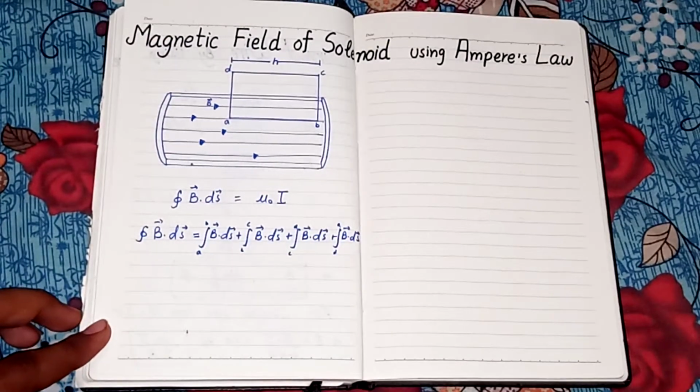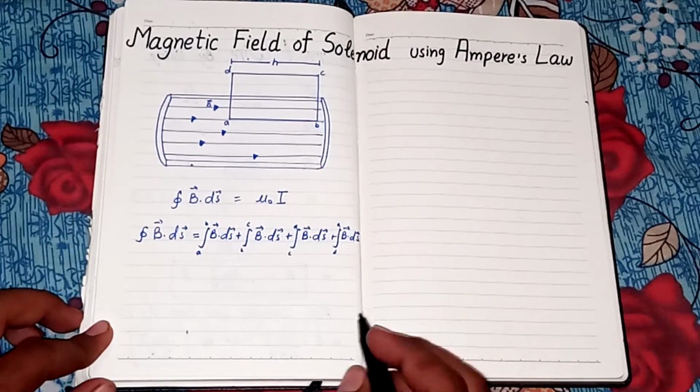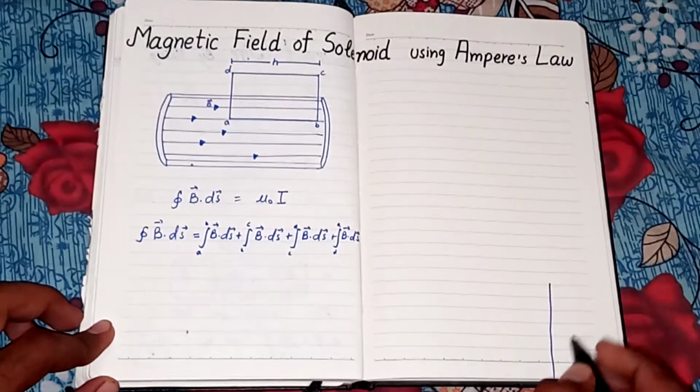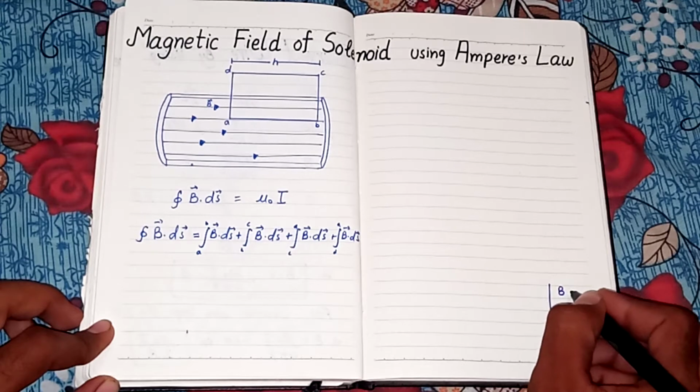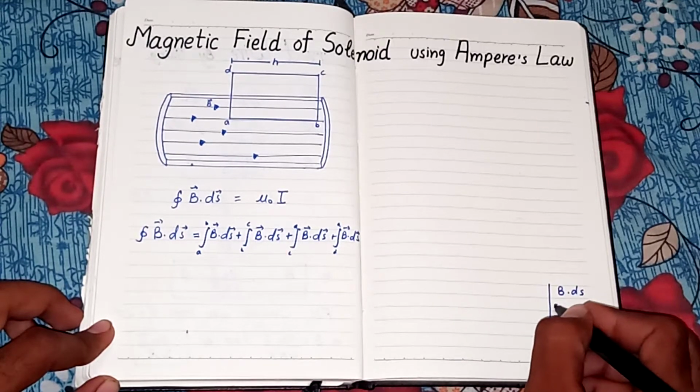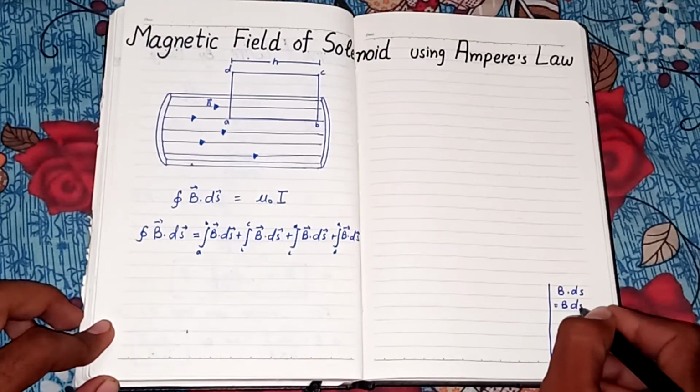Therefore it follows that, noting in rough work, the dot product B dot ds equals B ds cos theta.